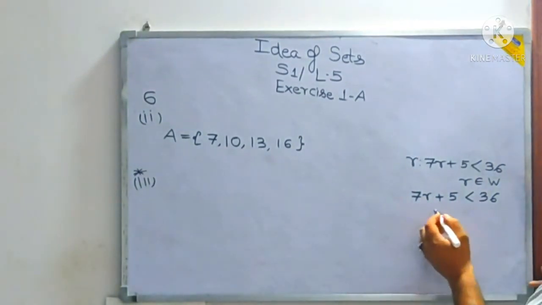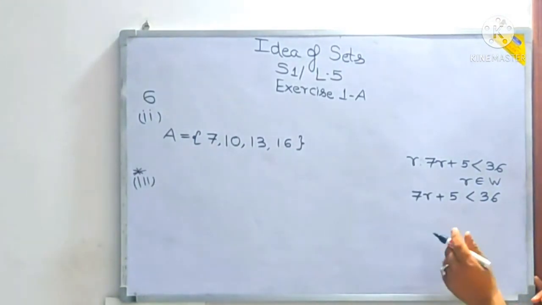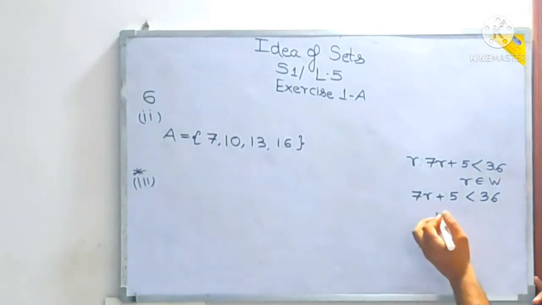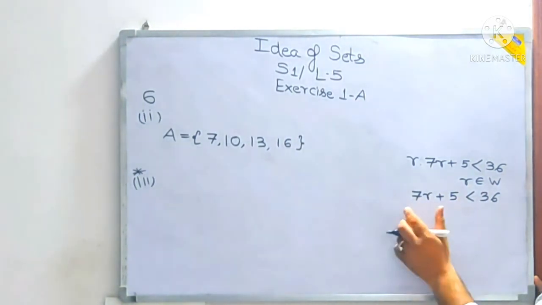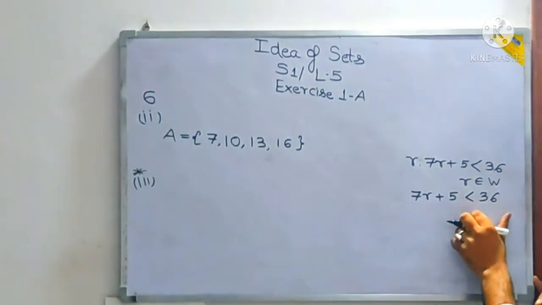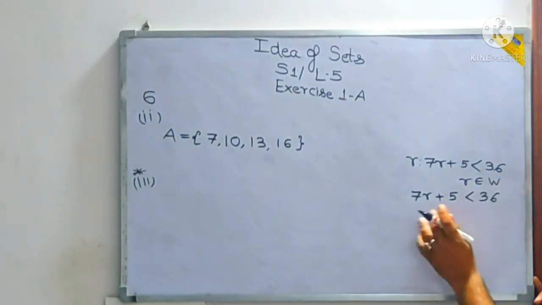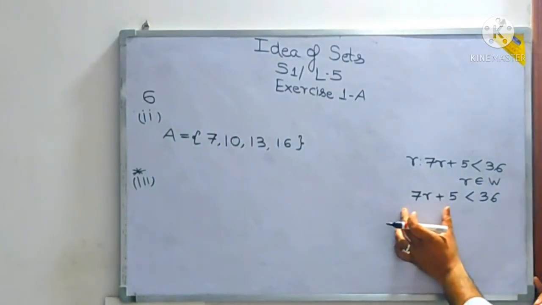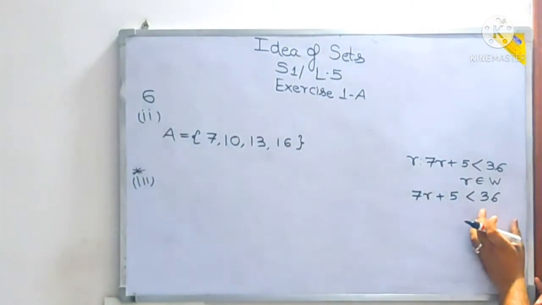Now, if you have to be reminded of inequalities, I will tell one point that you remember. See, on subtracting the same number from both the sides, inequality remains unchanged. Suppose this is the left hand side, this is the right hand side, this is inequality and not equal to sign, that you mind. If we subtract the same thing from this side and this side also, the inequality remains unchanged.